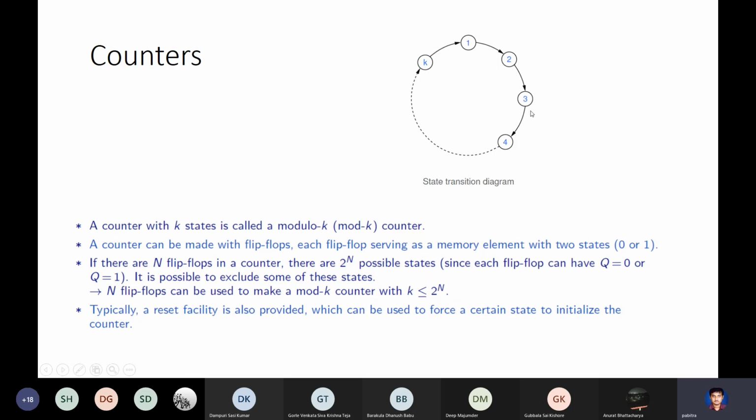So in general, the mapping of the states to the count values can be more complex. You may need a decoder circuit, which is basically a combinational gate circuit, that converts a state, which in its native form is represented by the flip-flop values. If you have 3 flip-flops, a state can be 0, 0, 0, meaning all 3 flip-flops are in the 0 state, or 0, 1, 0.